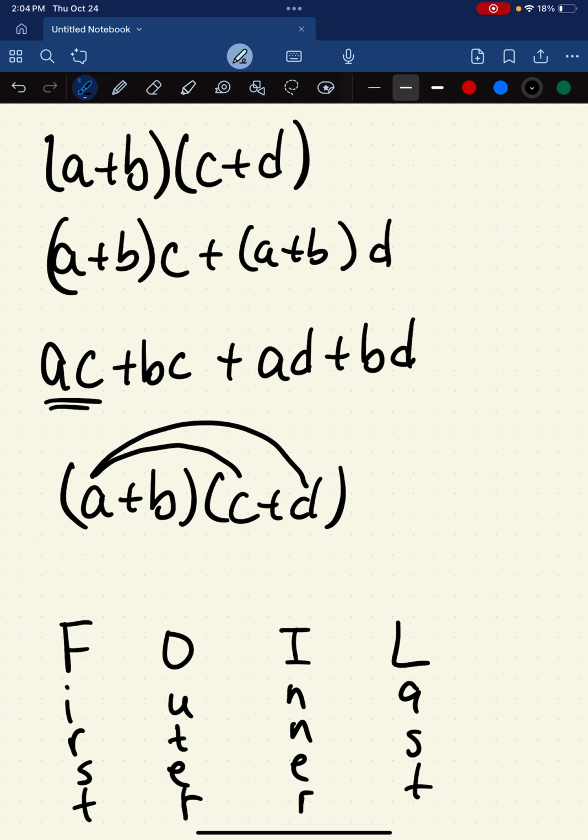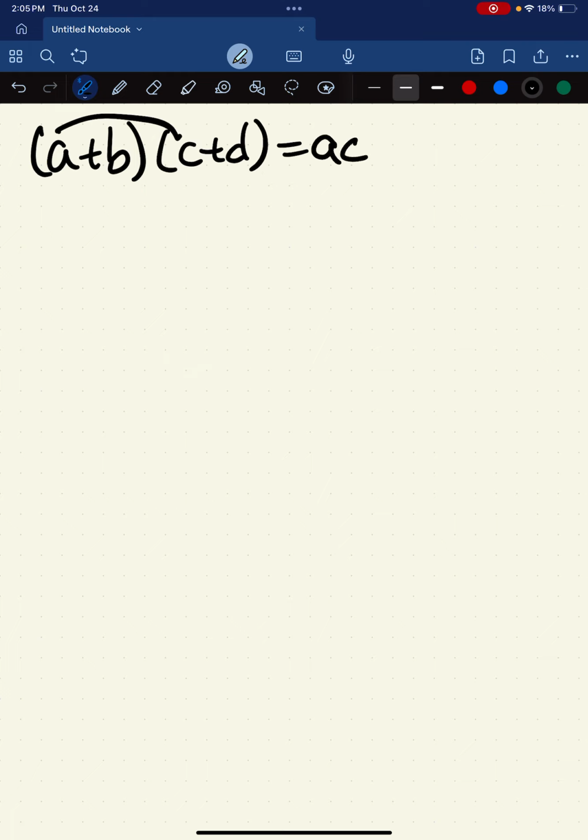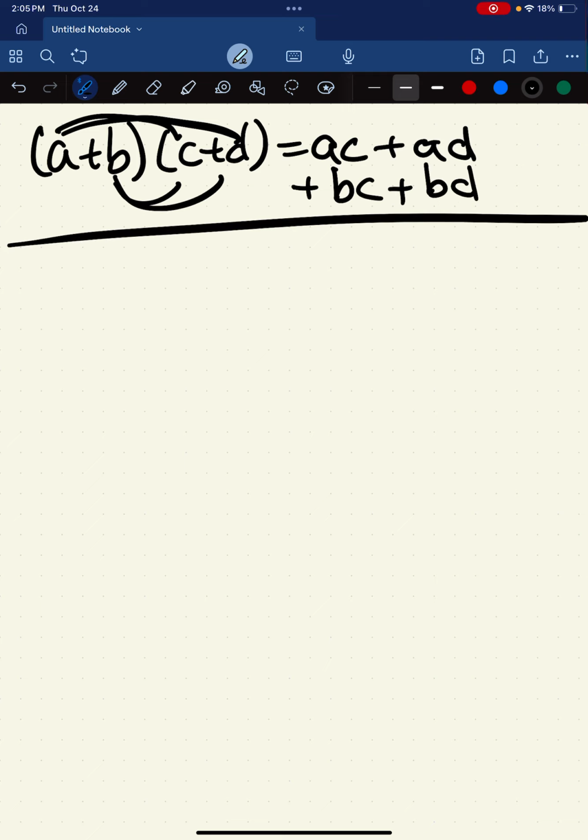And then the outer ones, A and D, I'm sorry, that's B and D, that one there. And then we have inner, which is B times C. And then last, which is B times D. So maybe I should put that on its own page. Using the FOIL method, (A plus B)(C plus D), we have A times C plus A times D plus B times C plus B times D.